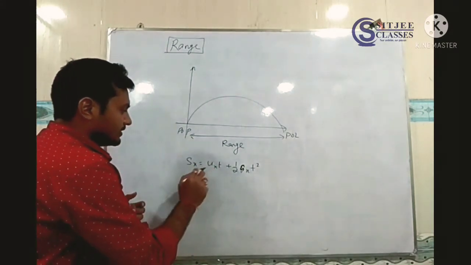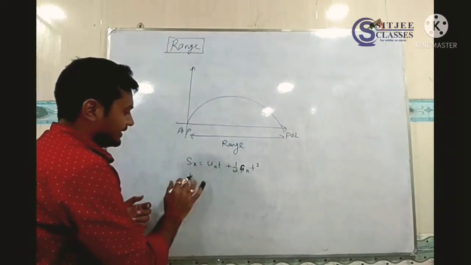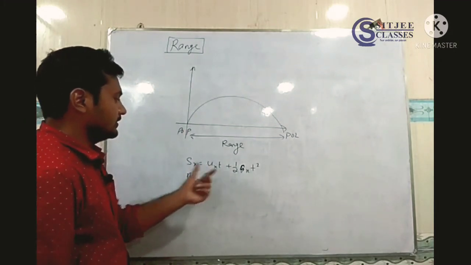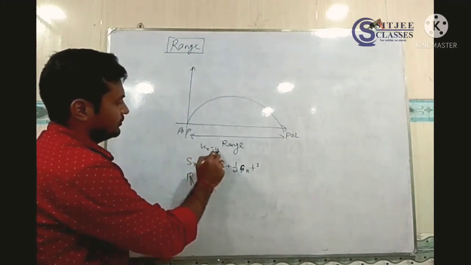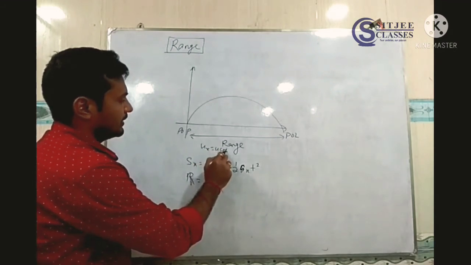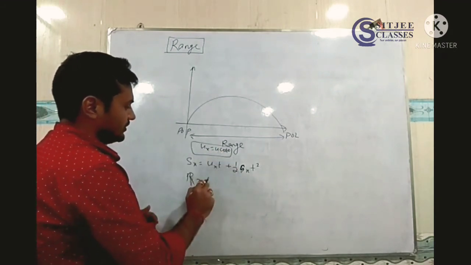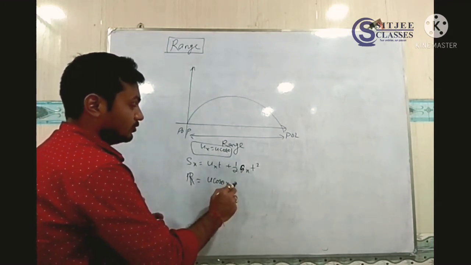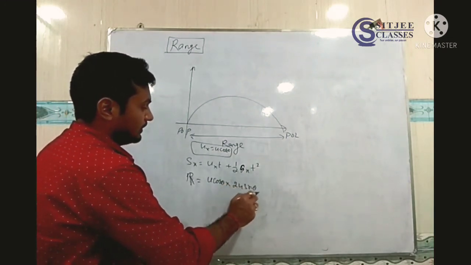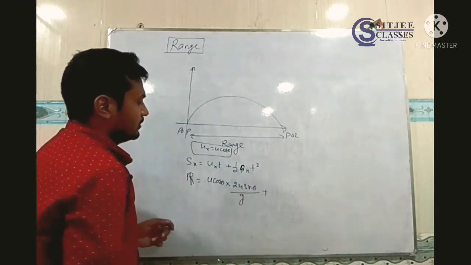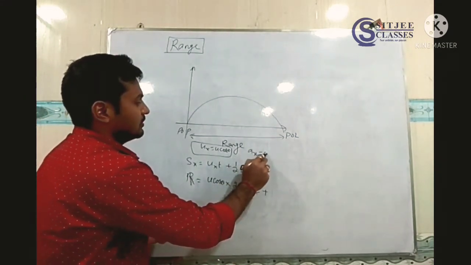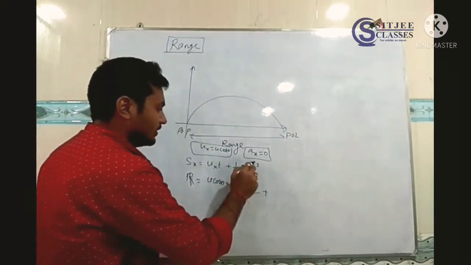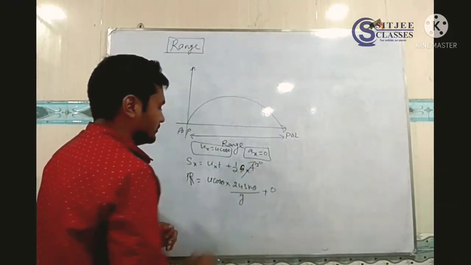So Sx we are going to write as range R. Ux, the horizontal speed, is nothing but u cos theta, correct? Yes. So let us put here u cos theta, where time is the time of flight, which is 2u sin theta divided by g, plus, already we know that ax is 0. I have explained to you there is no acceleration in the horizontal direction. So this quantity is going to be 0.